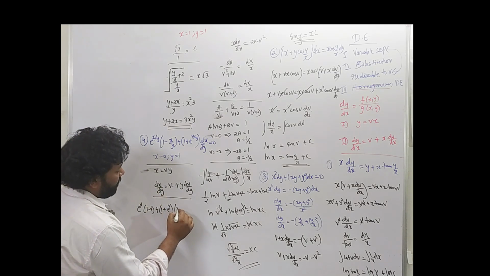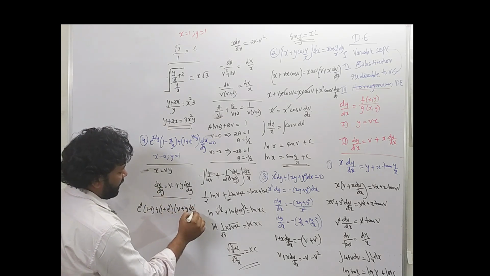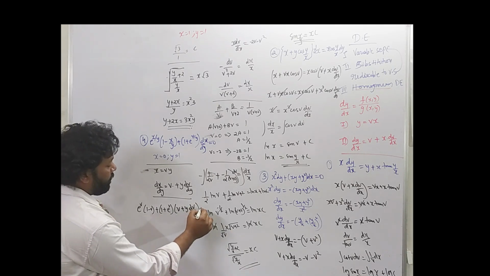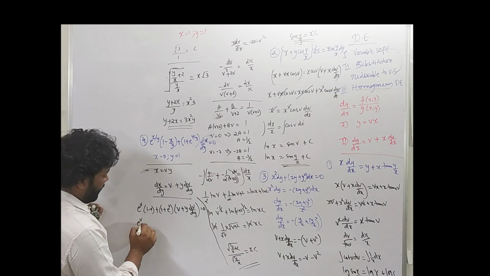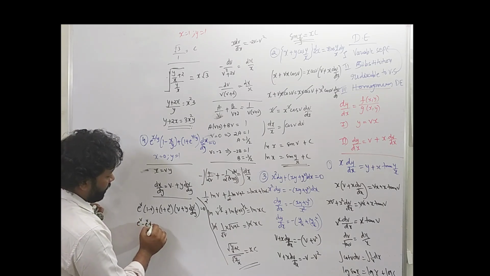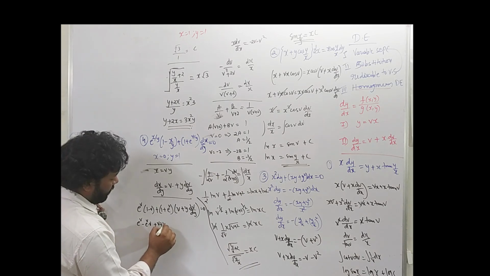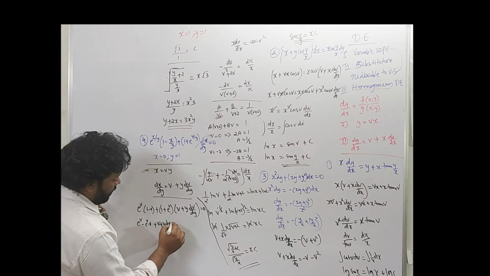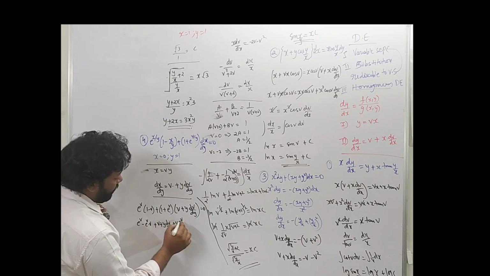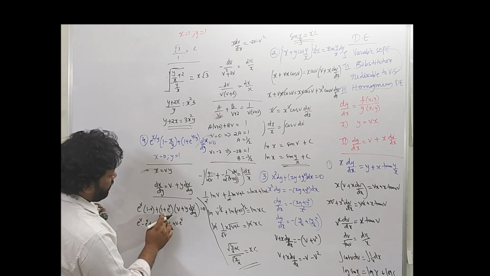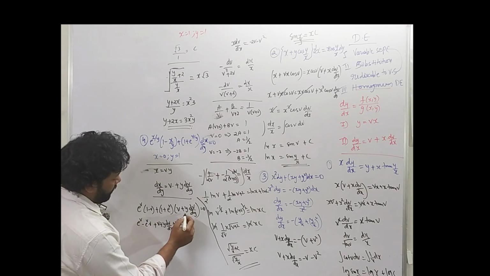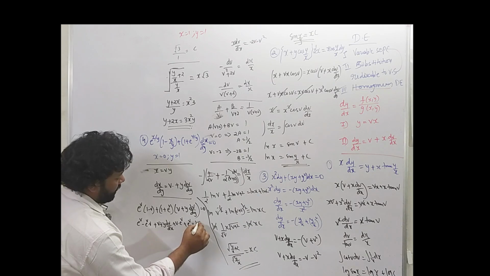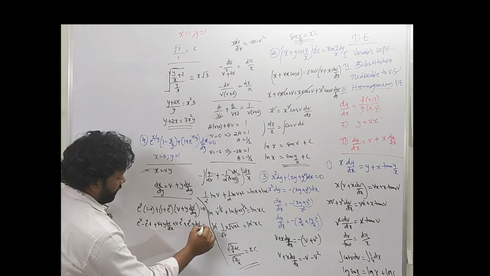Dx by dy would be v plus y dv by dy equal to 0. Let's simplify further. e^v minus e^v times v plus v plus y dv by dy plus v times e to the power v, plus e to the power v times y dv by dy equal to 0.